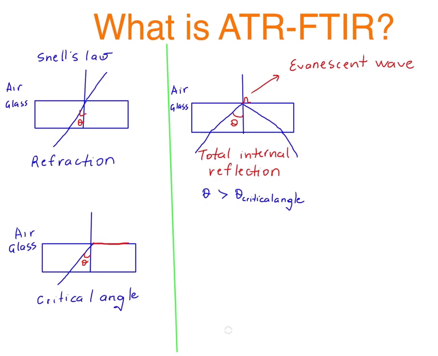So what is an evanescent wave? The evanescent wave only exists under total internal reflection, and it extends a short distance into the sample. So let's say we have a sample here. I will erase this and redraw the evanescent field, which is right here.